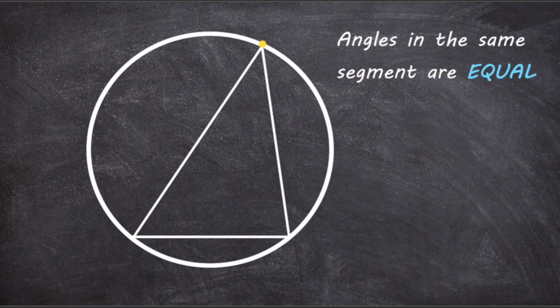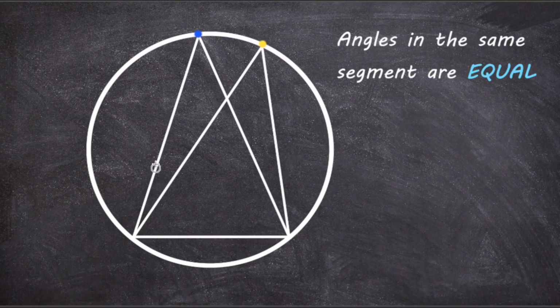If we take another point on the circumference within the same segment, and then again from each end of the chord that created the segment, we draw a straight line directly to the point on the circumference. This results in another angle at the circumference created by the two lines that originated at the chord that created the segment.